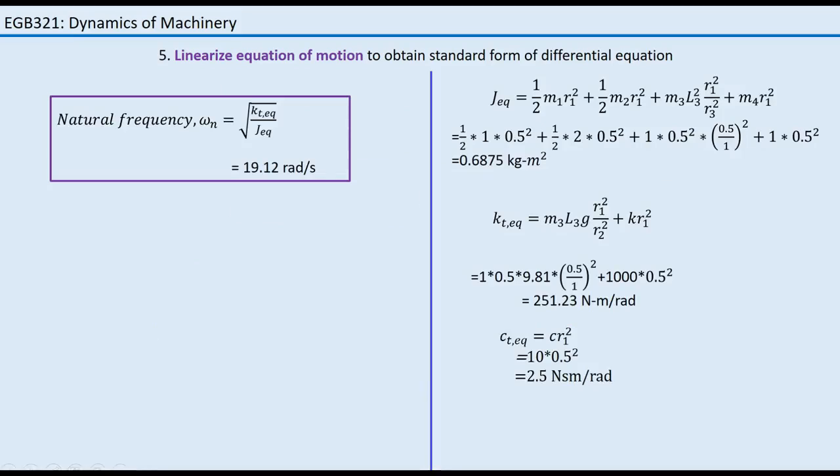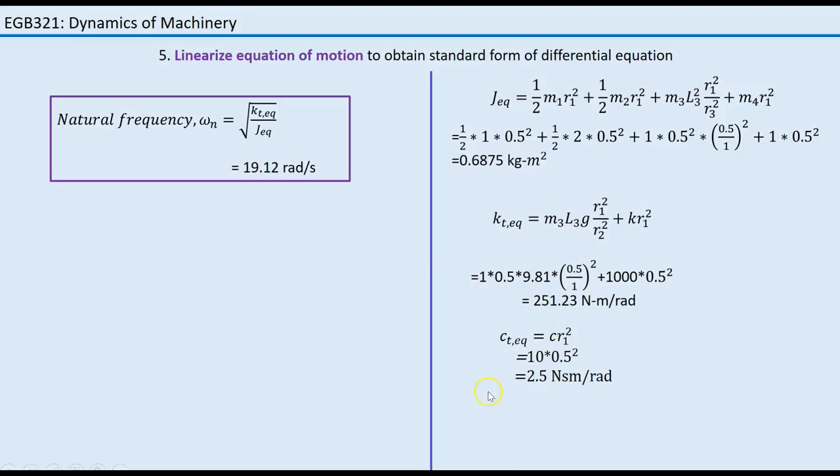Since all values are given to us, we can find J equivalent, K torsional equivalent, and C torsional equivalent, and we get these values. Please feel free to pause the video at this moment and calculate and match with these values.